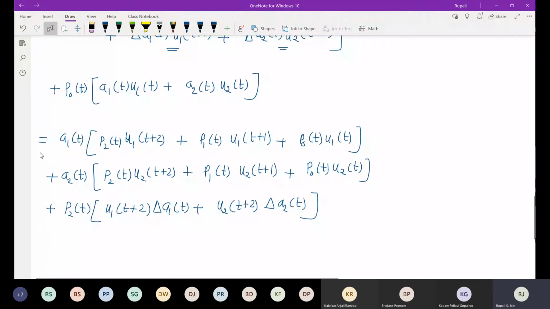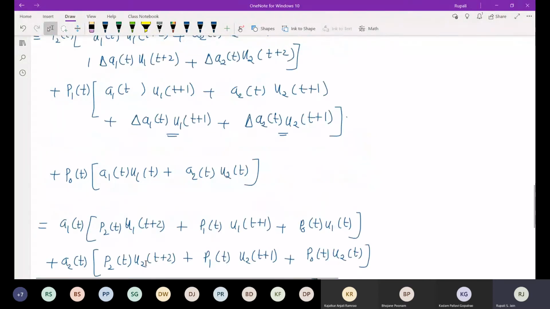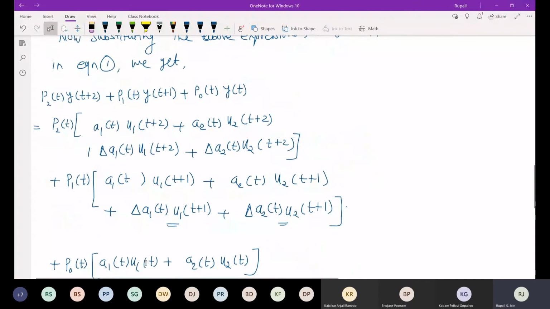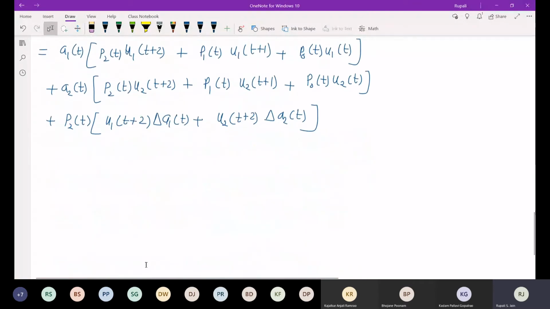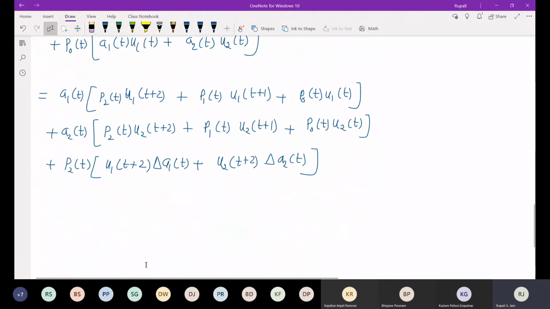You can easily check that. I have just rewritten that one; you can verify that later. Okay.